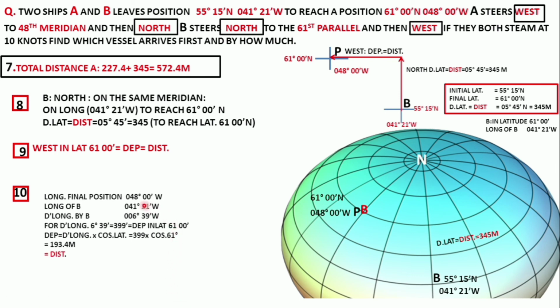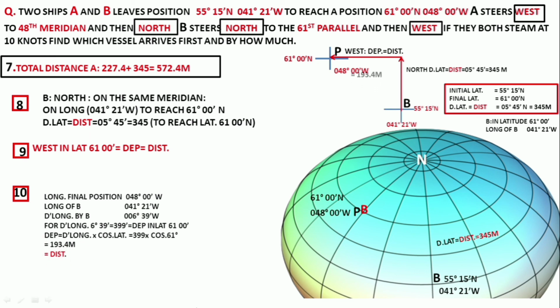So the D long made by B, 6 degrees 39 minutes. What is the D long between this and this here is the same D long here. And we know the latitude. So we can always find out the departure made by B here on this latitude, which is 193.